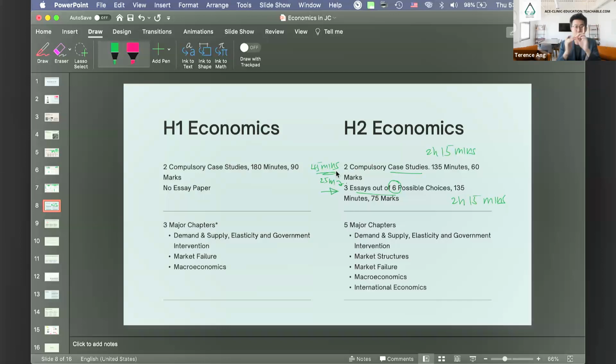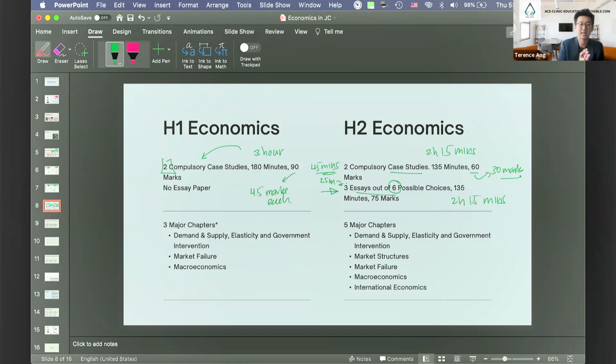Now H1 is 1 paper only. It's a 3-hour paper. You do 2 compulsory case studies also, but it's 45 marks each. Okay, so in H2, it's 30 marks each. In H1, it's 45 marks each.